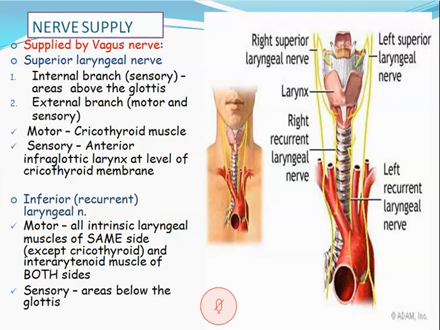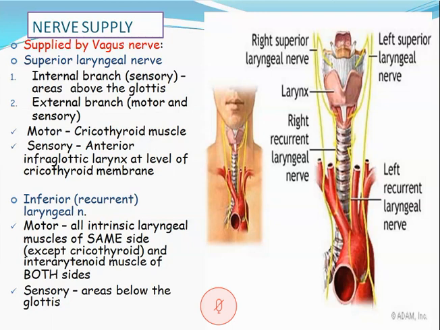The external branch is motor, to the cricothyroid only, and sensory to the anterior infraglottic larynx at the level of the cricothyroid membrane. You have to remember it like that: superior laryngeal nerve, sensory part above the glottis, motor part only the cricothyroid, and a little sensory.